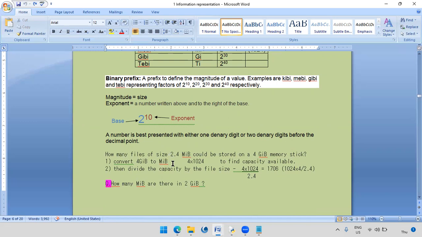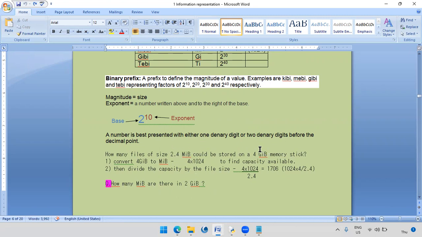So what is the question? How many files of size 2.4 megabytes could be stored on a 4 gigabyte memory stick? Have a good look at how it happens. First of all, you convert the gigabytes, the available space, into the file size unit that you need. These are different units, megabytes and gigabytes. You have to bring them into a common one.